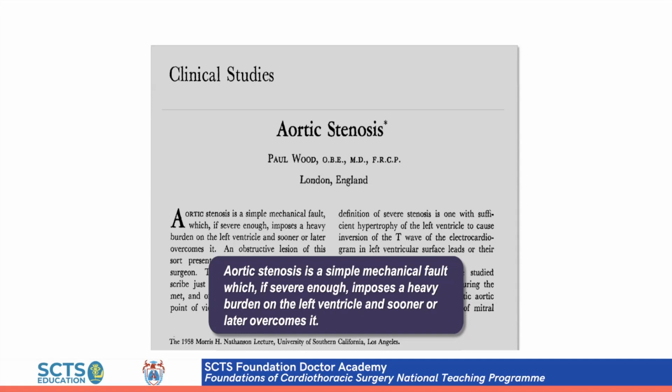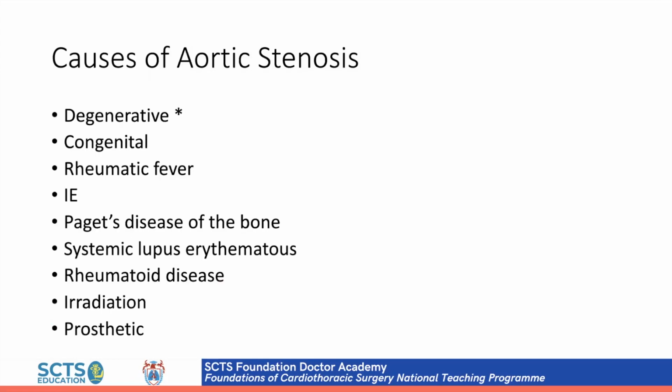So this was the era even before open heart surgery had really taken off. Cardiopulmonary bypass came along in 1955, but the first operations to treat aortic stenosis were not until at least a decade or so later. But what he identified is essentially aortic stenosis as a mechanical cause, and thereby, by correcting that, you can restore the function of the heart and restore the patient's symptoms and quality of life.